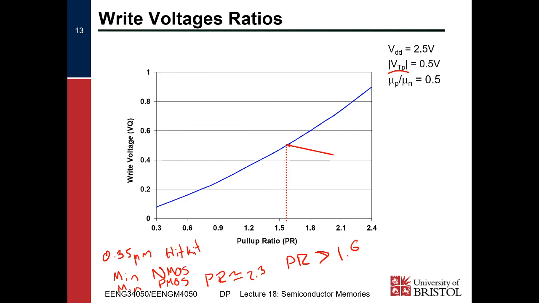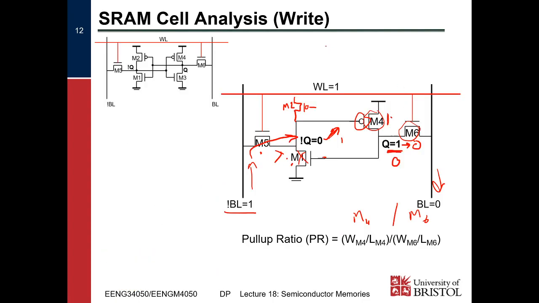Okay, so generally you can say that M4 is going to be 4 lambda by 2 lambda, so absolutely minimum sized. M6, I'm just going to say M2 equals M4, which is going to be 4 lambda by 2 lambda. M5 equals M6, so these are the two pass transistors, and they can also be minimum sized.